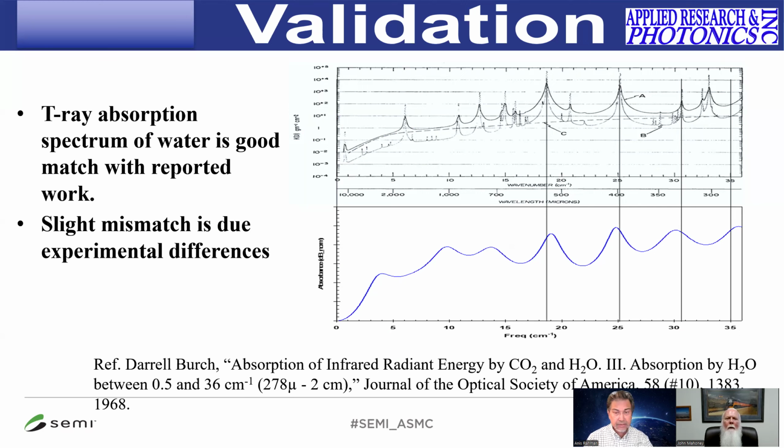So what we have done is we have compared with available spectra, available work in the literature. And this one is the water spectrum. As you can see, in the low frequency region it matched very well with some discrepancy. This discrepancy comes from the fact that when this paper was published, they used water vapor for the investigation.